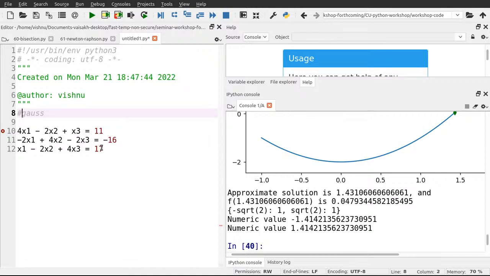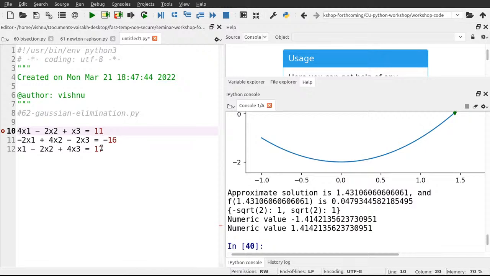So program number 62, Gaussian elimination.py. To solve the system by Gaussian elimination, we will try to convert this into a kind of upper triangular form. What we usually do is check which equation among the given equations has a non-zero x1 coefficient.